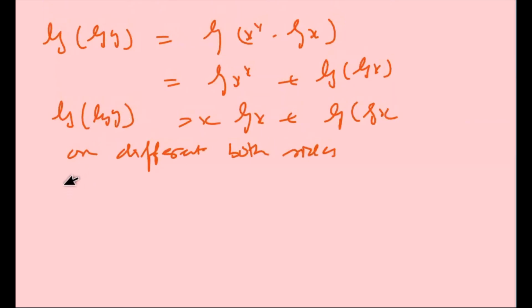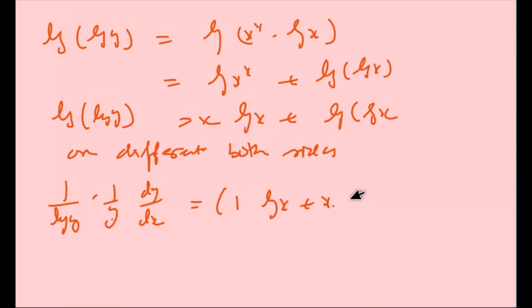the differential of log y, but it is a composite, so we have to do again the differential of log y, that is 1 upon y, but it is implicit, so we have to write dy by dx. Now using the multiplication formula here, the differential of x is 1 into log x plus x, the differential of log x is 1 upon x.